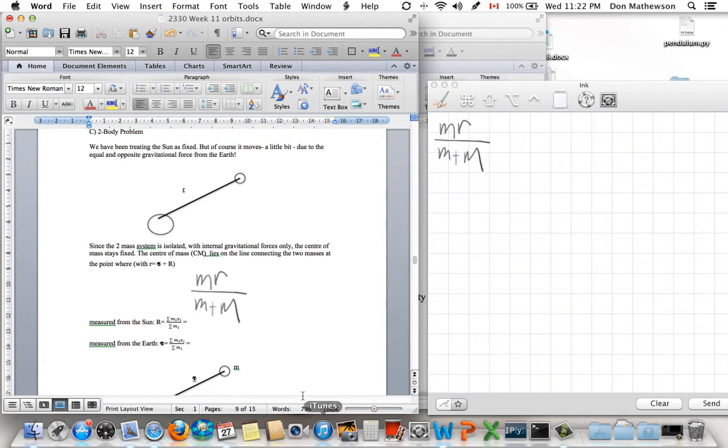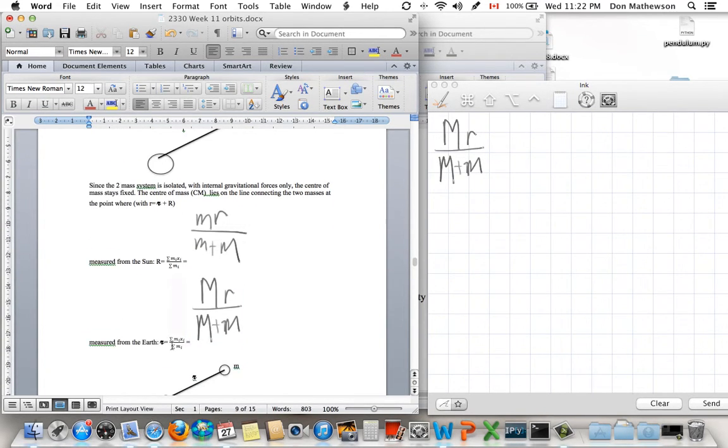So that would be how to find the distance big R. To find the distance script r measured from the Earth, we would say we've got the mass of the sun, big M, at a distance little r away, and we would divide by the sum of the masses, that's a little m. And so that's how we would find the distance script r.